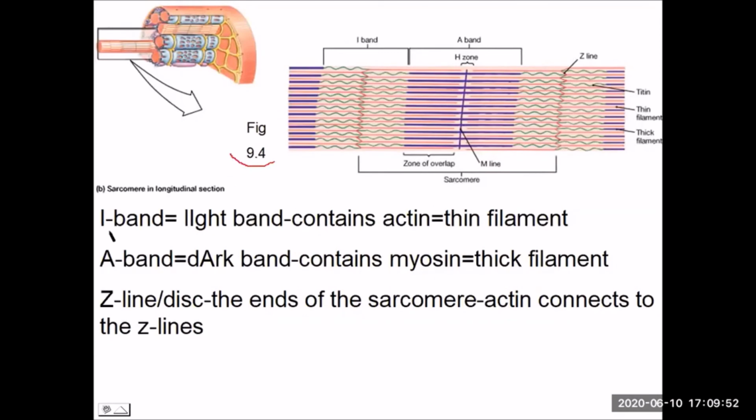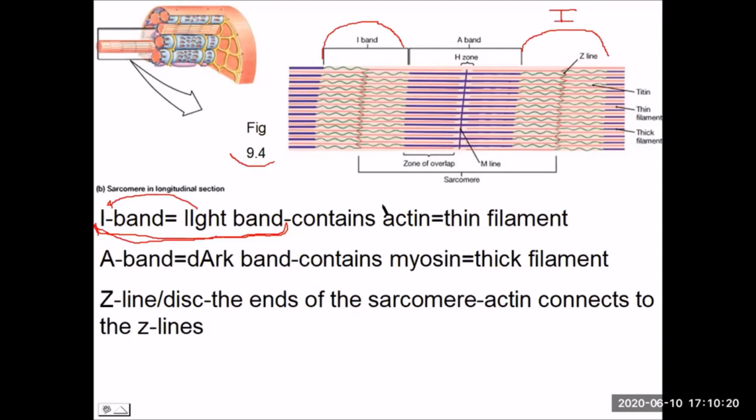We'll begin with what could be called an I band or a light band. Those could be interchanged. You notice you spell the word light with the letter I, to help you remember that. First of all, the I band actually is shared between neighboring adjacent sarcomeres. So it actually overlaps neighboring sarcomeres.